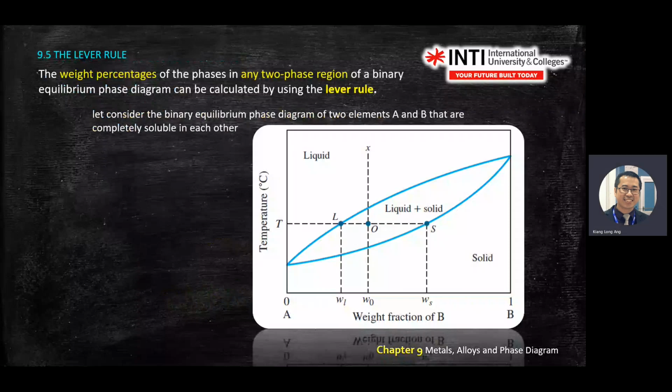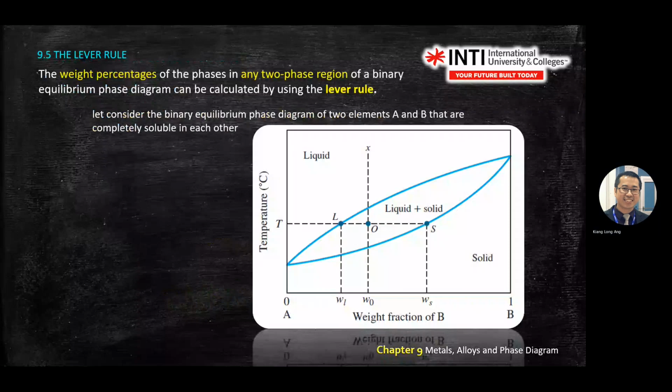Then you drop down at the liquid line to X, you get percentage in liquid. Then you drop down at S, you get percentage in solid. Then point O is the X that you want to find, right? So we are going to use level rules to find the exact position of this one.